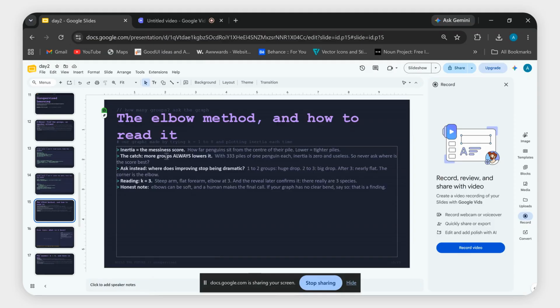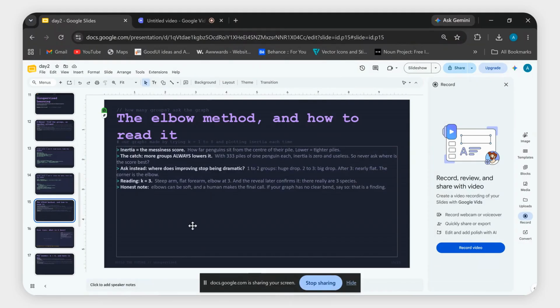That is exactly where the drop from 2 to 3 happens. I'm trying not to dwell too much on this because of the time.